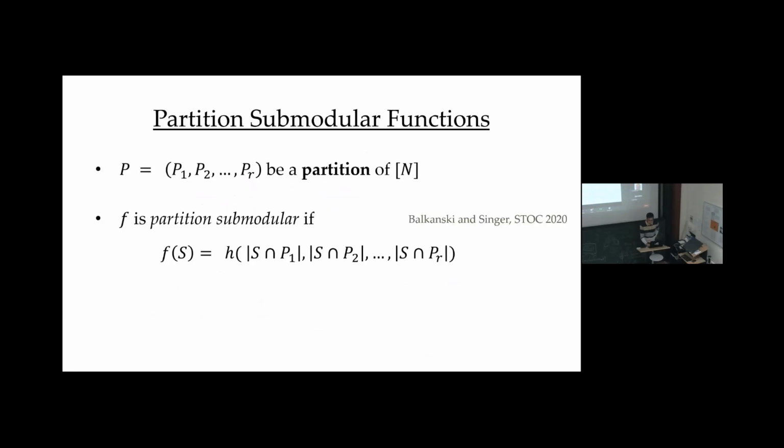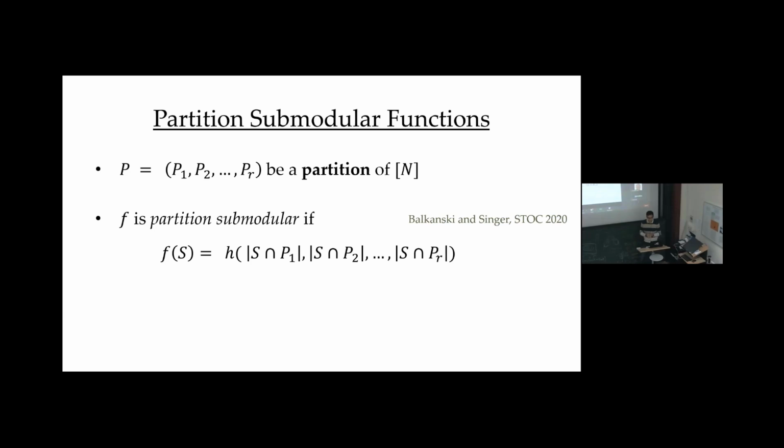I will. Okay, so let me get into the proof ideas. One thing you might take away is this special class of submodular functions, which I find really nice, which captures the easiness of a submodular function. Take a partition of the universe, P1 to PR, and we call the submodular function partition submodular if the value of the function only depends on the number of items the subset takes from each part.